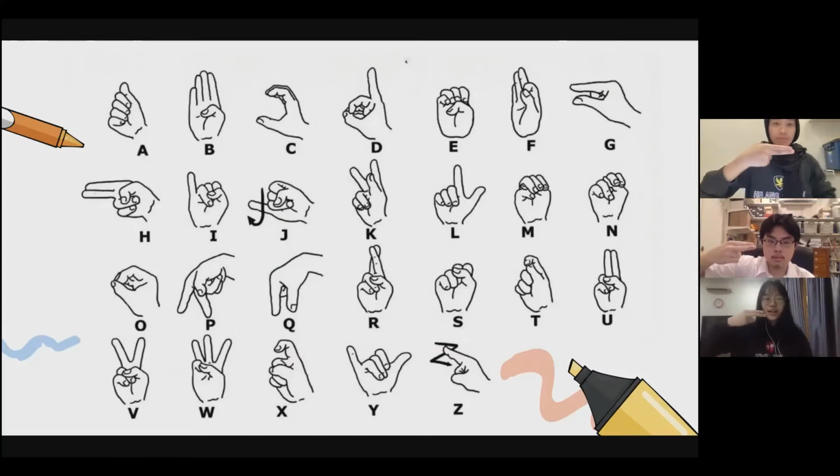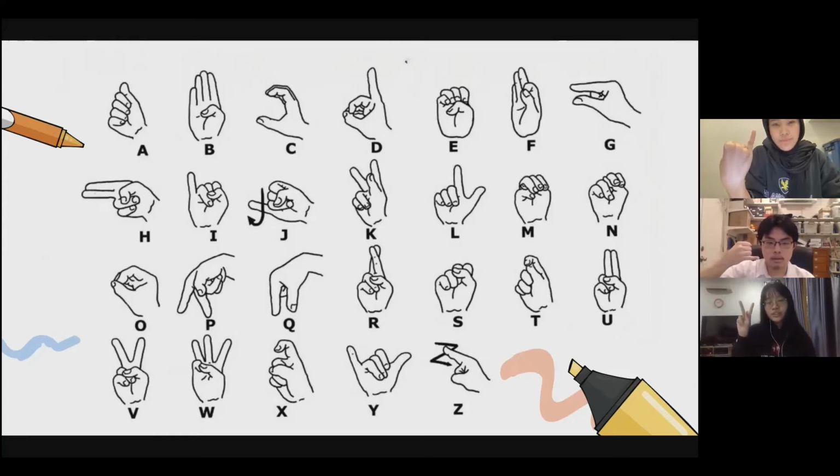I is just your pinky finger. J, you want to take your pinky finger and draw a J shape. K is just you make a peace sign and you have your thumb in between the peace sign. L is just your thumb and index finger.